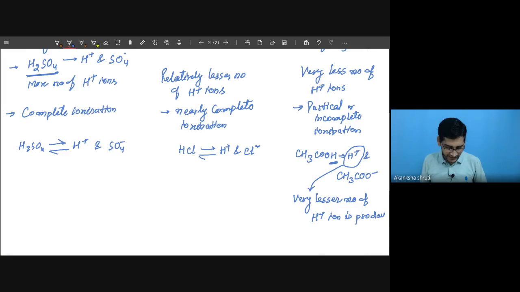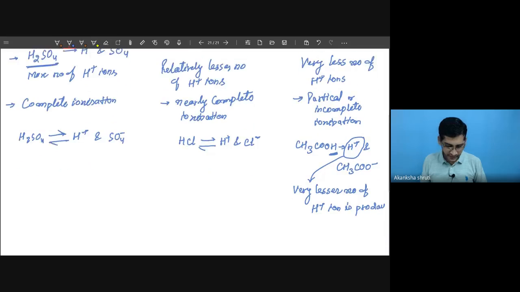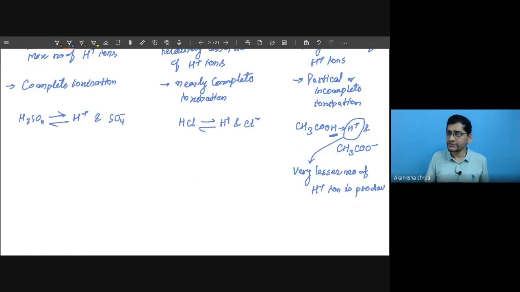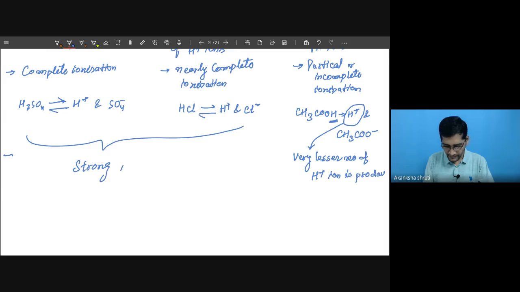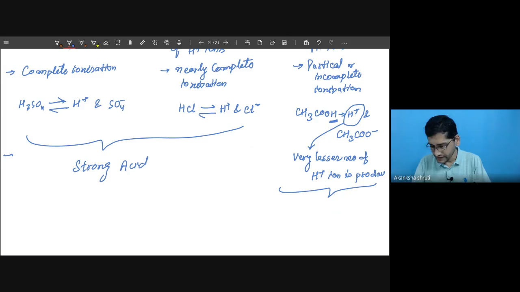It means we can say that those acids which are able to completely ionize to give more number of H plus ions are called strong acids. So these two fall in the category of strong acid, and this one falls in the category of weak acid.